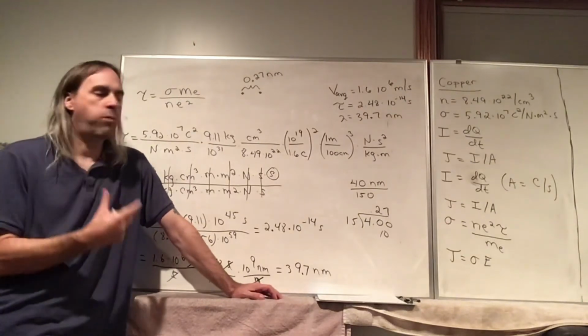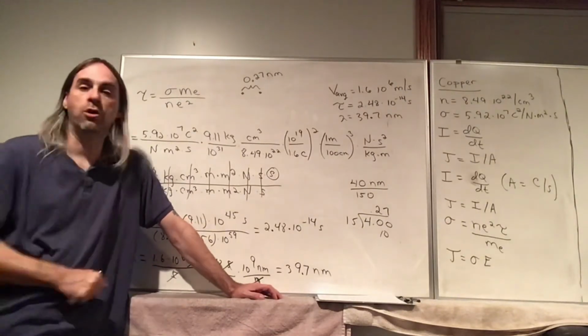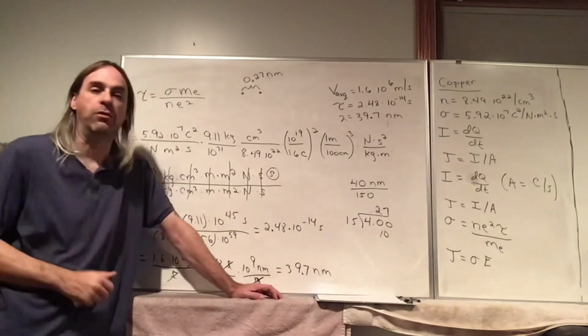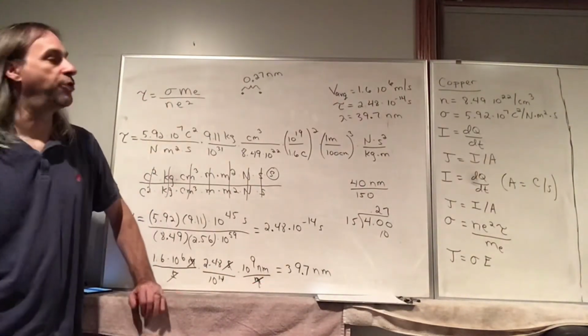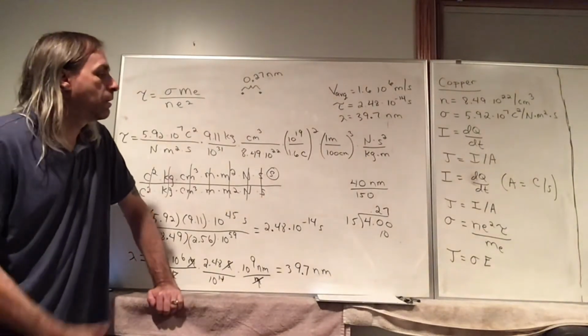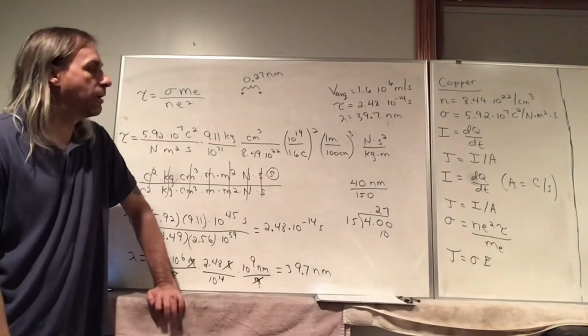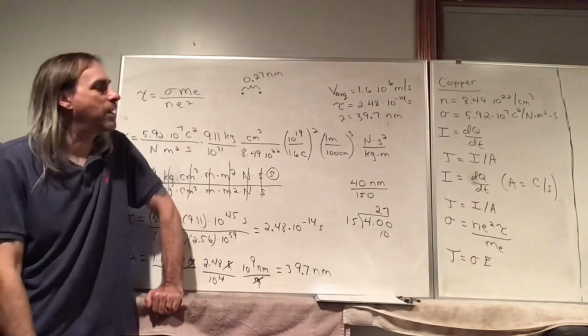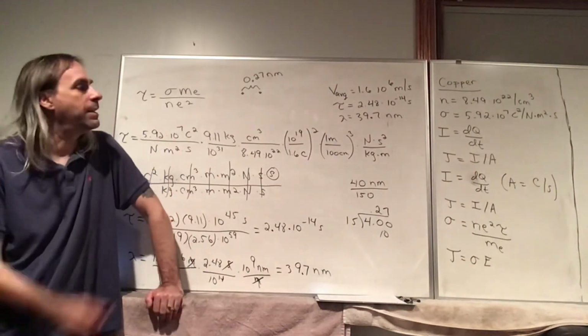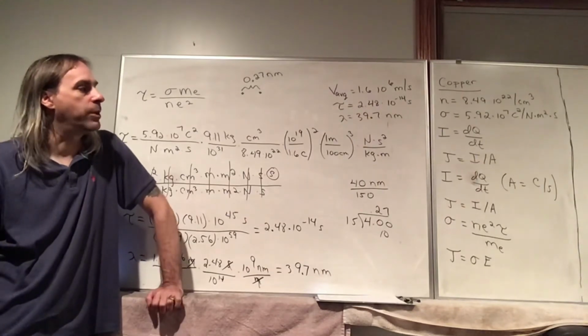Like if you have a perfect lattice, there'd be no collisions. The electron would just travel completely freely and never lose energy. And yeah, we don't really get into the quantum mechanics of it in this class. So the Drude model is the best we can do here.